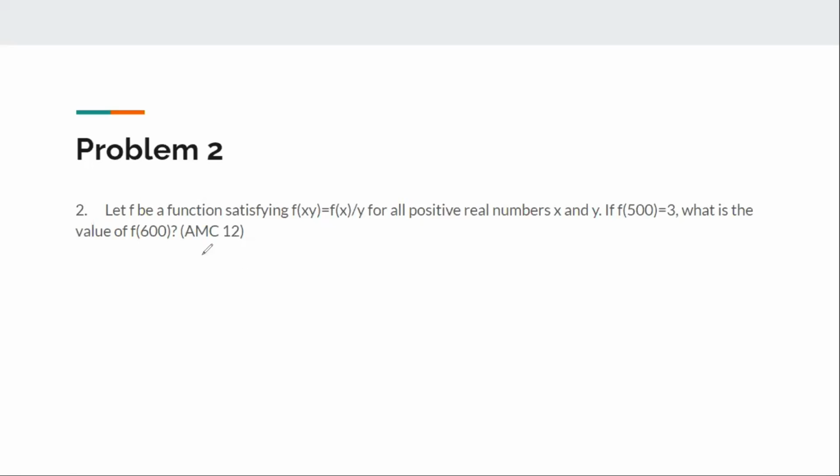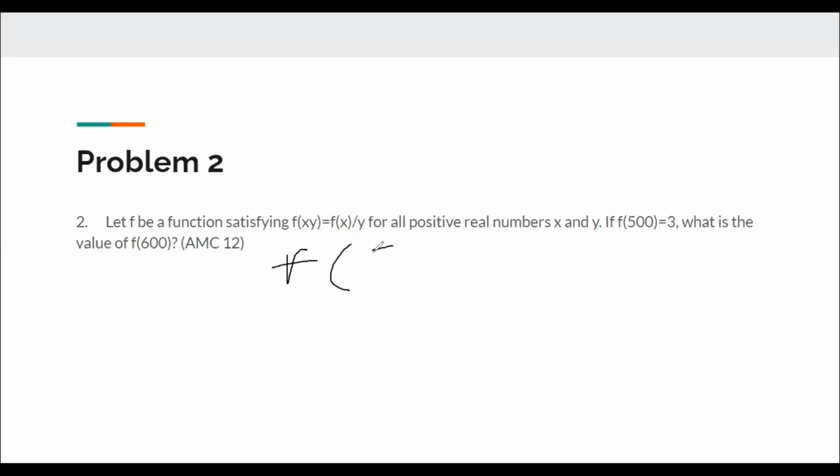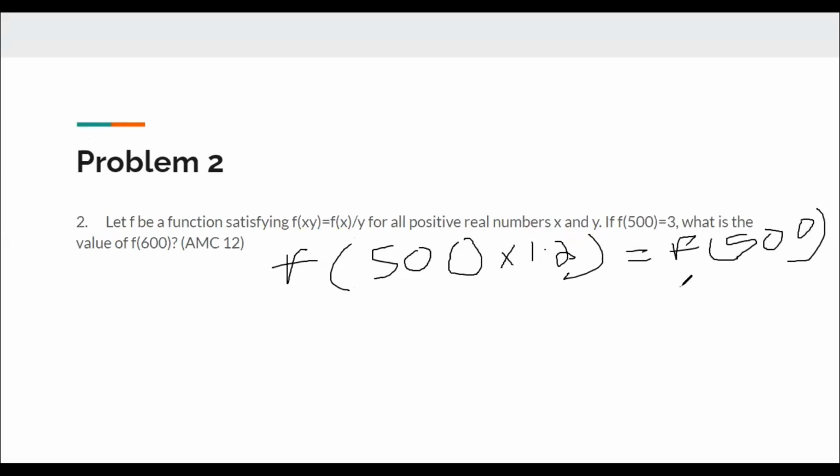So basically, you notice that 600 is 500 times 1.2. Let y be equal to 1.2. This is simply what the function states. f of xy is equal to f of x divided by y.